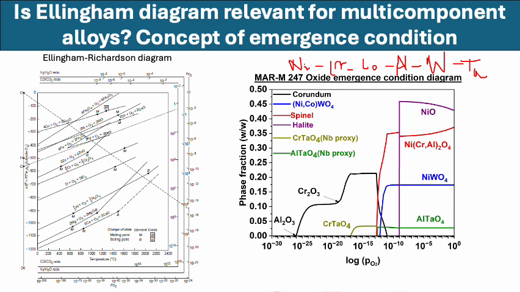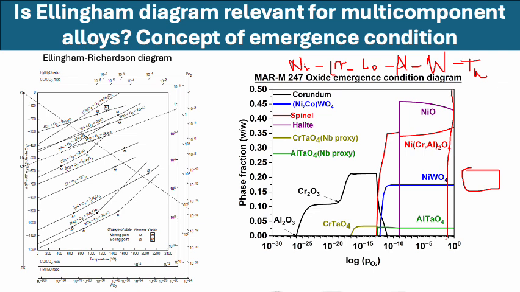As I said, in atmospheric air we will have 0.2 oxygen partial pressure, which means we are at this line. If we keep a piece of this MAR 247 in the air, at the pristine surface, we have oxygen partial pressure of 0.2.